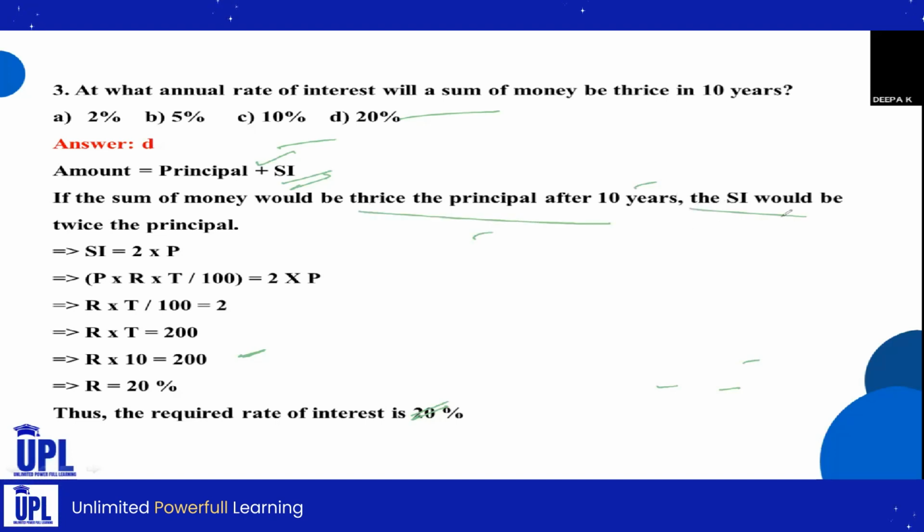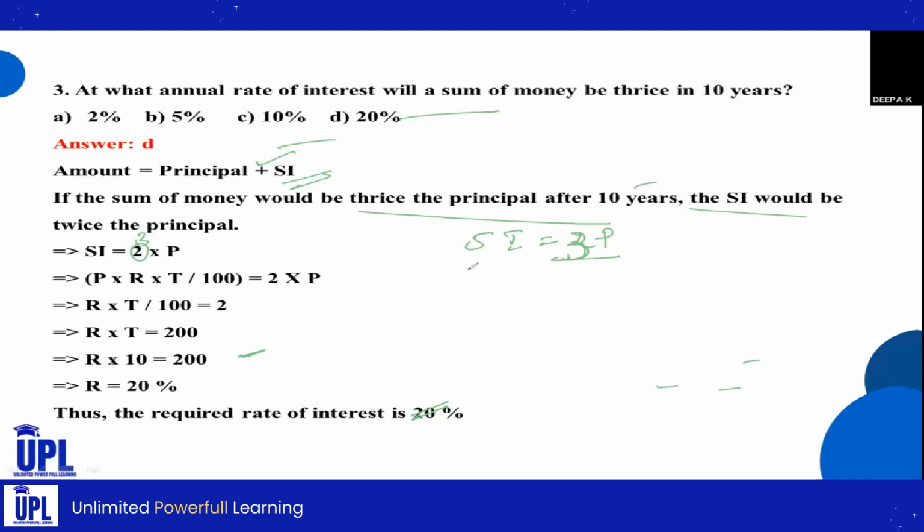Then SI would become 2 times the principal amount. No, it is not twice, that is thrice. It is wrong. Thrice the principal, right? So I am going to take that as 3P. So this is wrong. Here it is a 3.